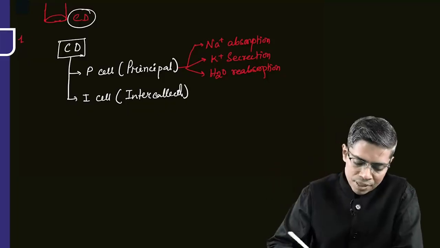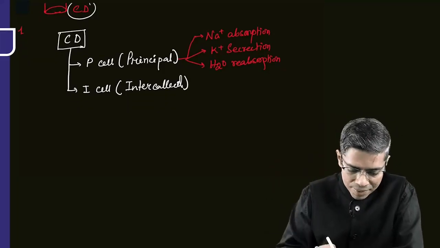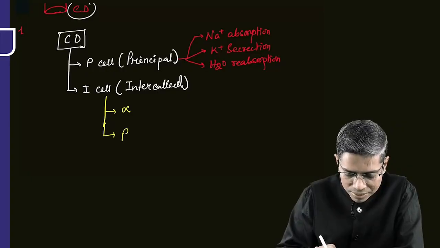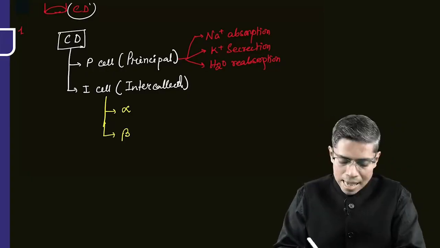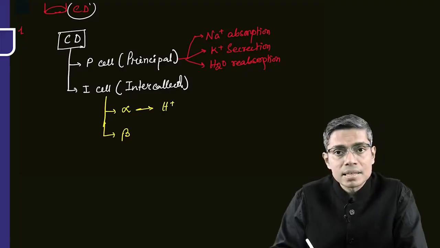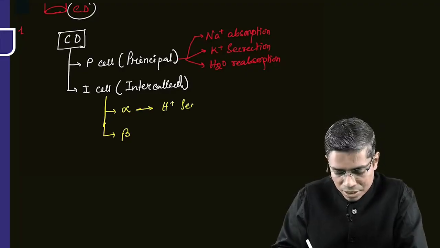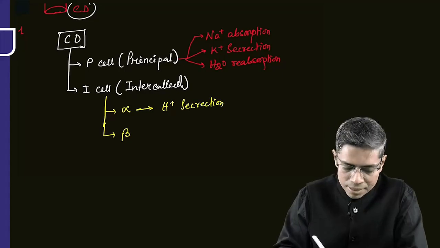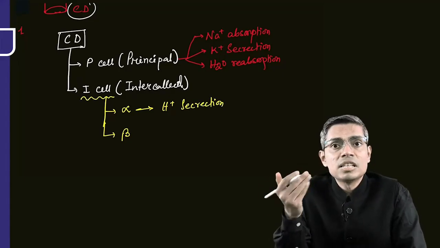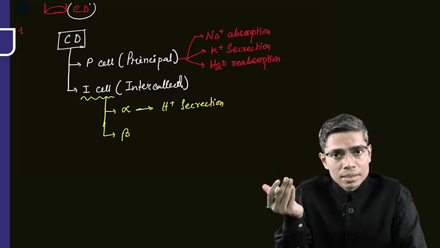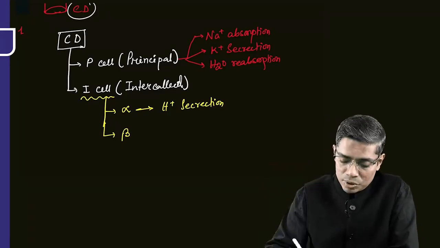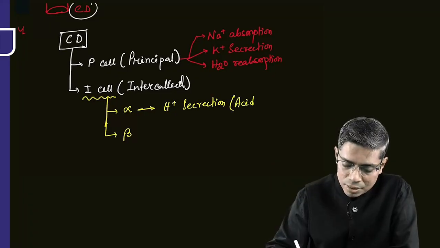Now this intercalated cell has two subtypes, alpha intercalated cell and the beta variety of intercalated cell. Alpha intercalated cell is responsible for secretion of acid, H plus ion secretion. So please remember, this I cell is the cell which is secreting H plus ion in your urine at the level of cortical collecting duct and medullary collecting duct, and this cell is responsible for acidification of your urine.